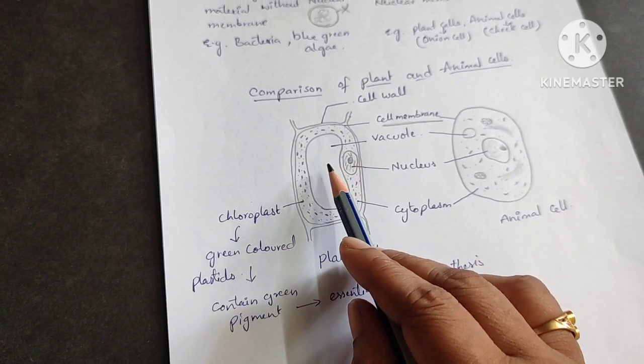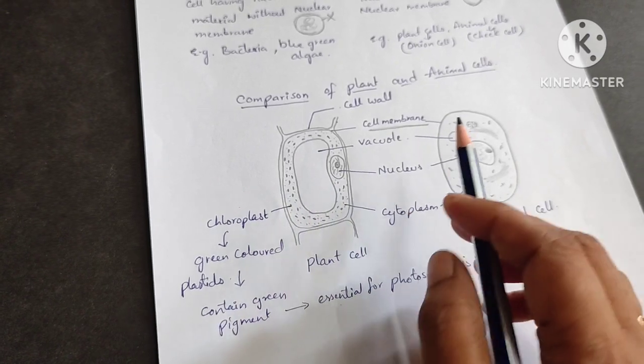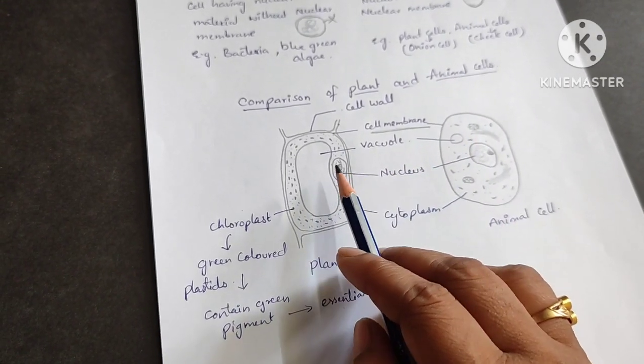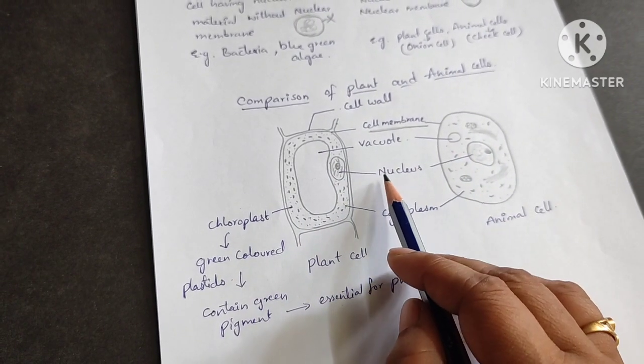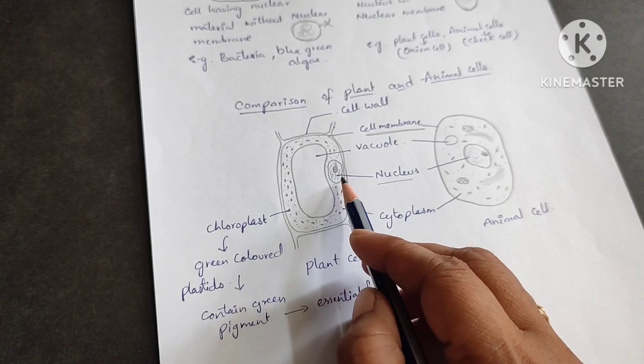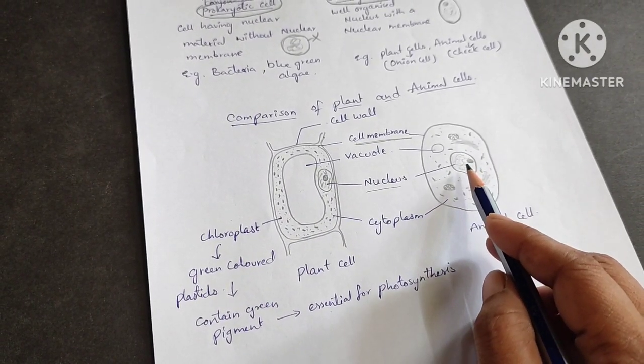The vacuoles are somewhat larger in the plant cell whereas smaller in the animal cell. In both cells the nucleus is present. The nucleus is somewhat at the corners in the plant cell and located more or less at the center in the animal cell.